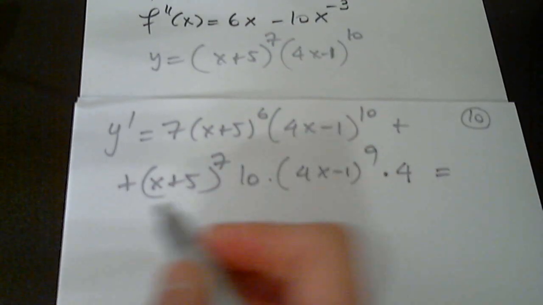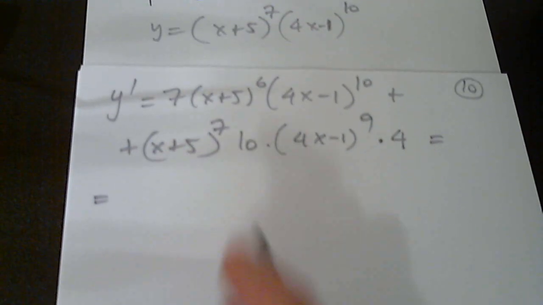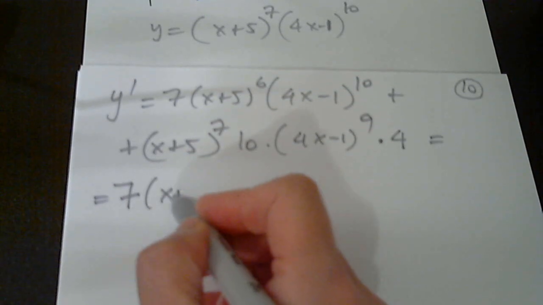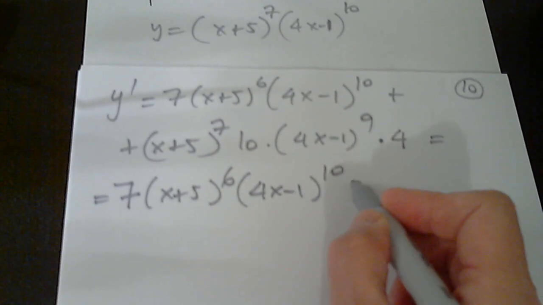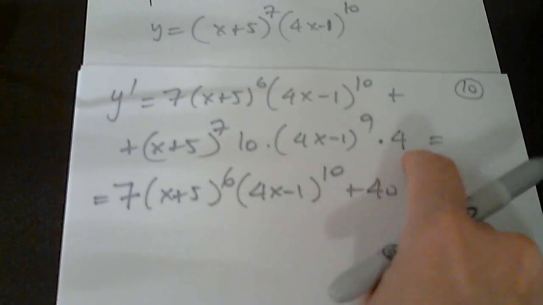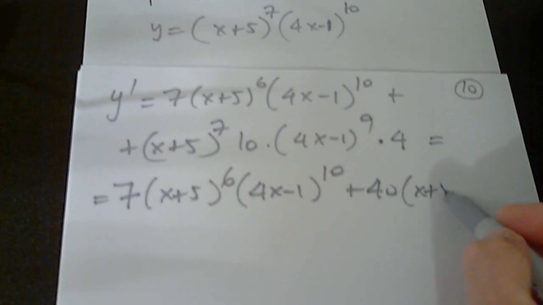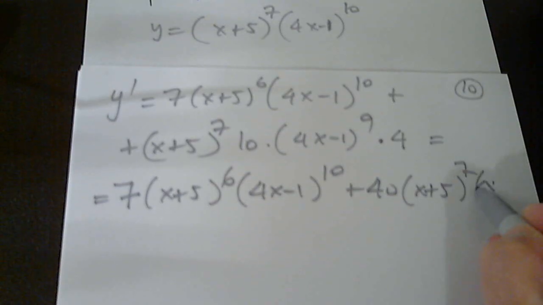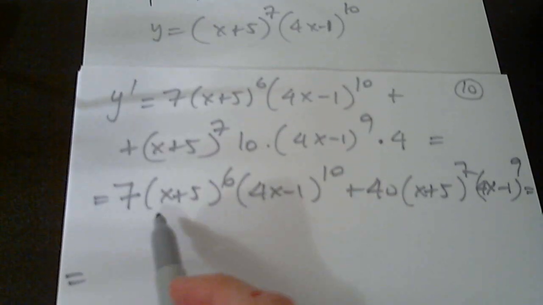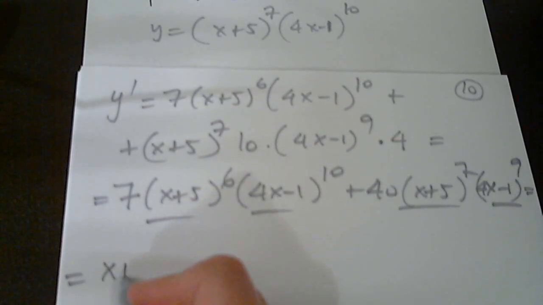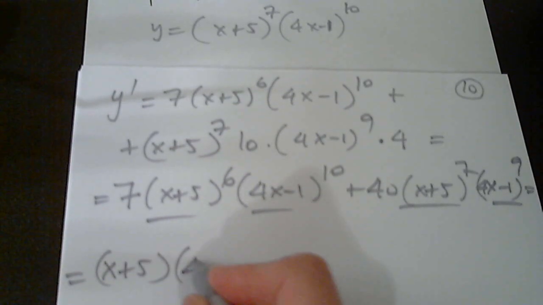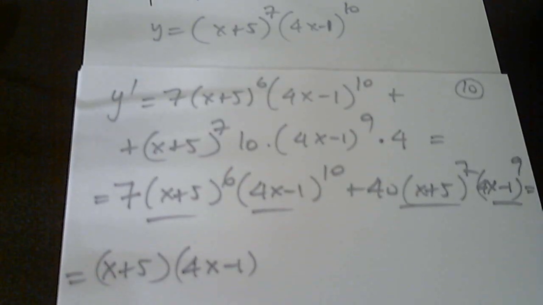So now I'll rearrange it a little bit. So I have 7, x plus 5 to the 6th, 4x minus 1 to the 10th, plus 40, x plus 5 to the 7th, and 4x minus 1 to the 9th. I see that both factors are in common. They have to be removed with the smallest possible power, the smallest of the two.